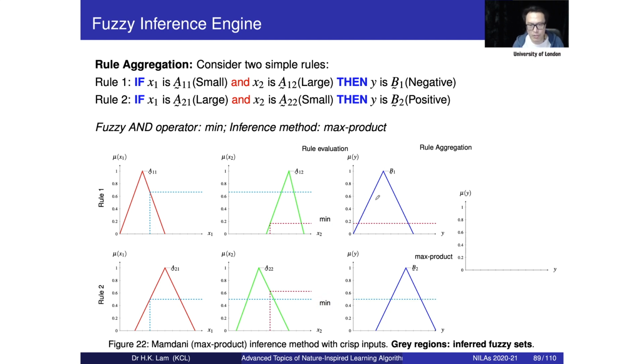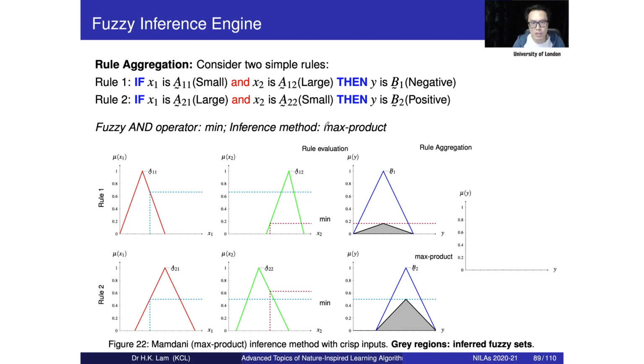So we come up with the same horizontal lines right here. And now I'm going to exercise the product for the inference method. This line times the membership function gives you these two shapes. The same applies to the lower membership function. The blue triangle, multiplied by the cyan horizontal line, gives you the gray area.